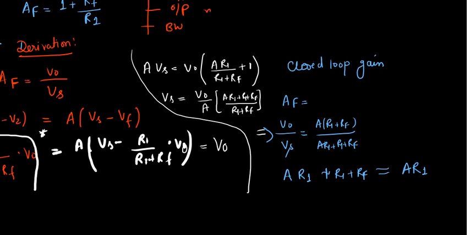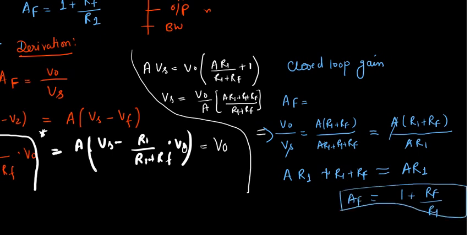Because A is of the order of 2 times 10 to the power 5 and R1, RF are small. We don't take values of R1 and RF very large. So AF is 1 plus the feedback resistor divided by the input resistor. This we have studied many times.